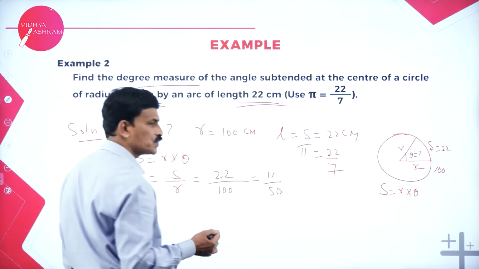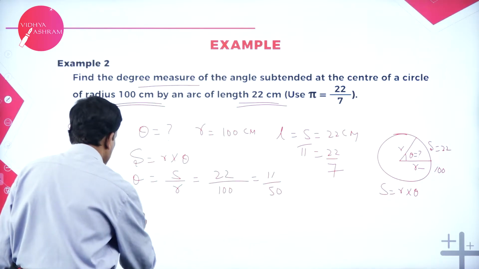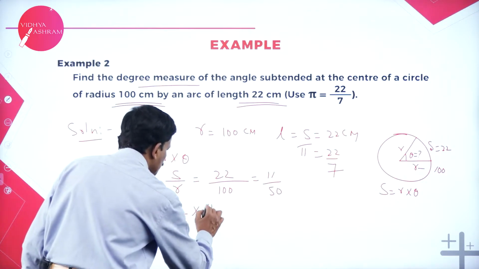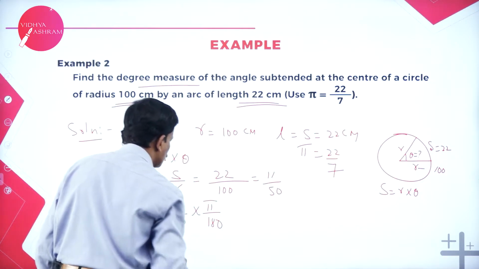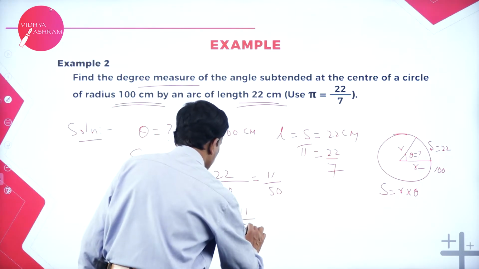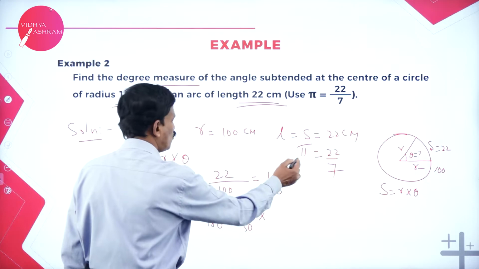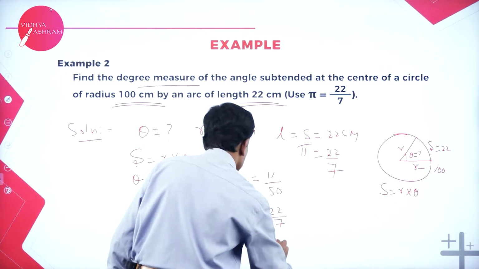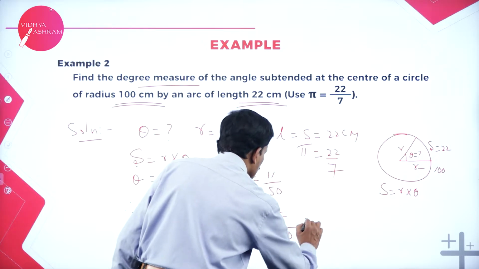Now, convert this into radians. Therefore, theta is equal to 11 by 50 into pi by 180. Since the value of pi is 22 by 7, it is 22 by 7 divided by 180.